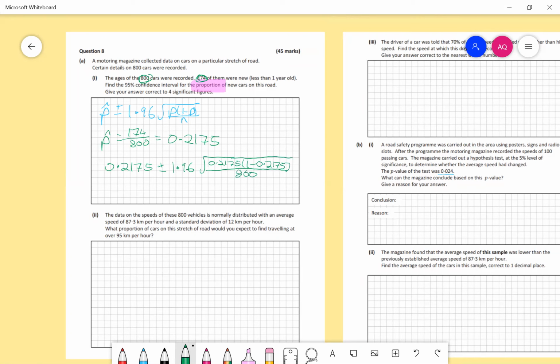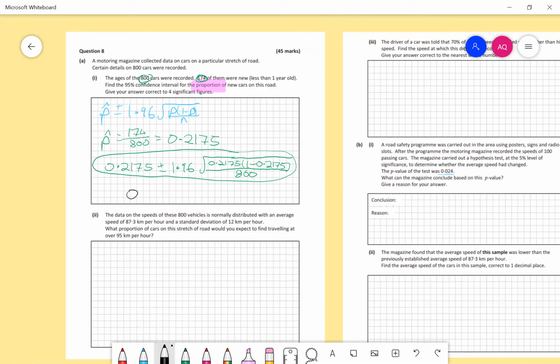Okay, so if we put this in, 0.2175 minus 1.96 times the square root of this. So put in this exact sum here, except I just choose minus first.